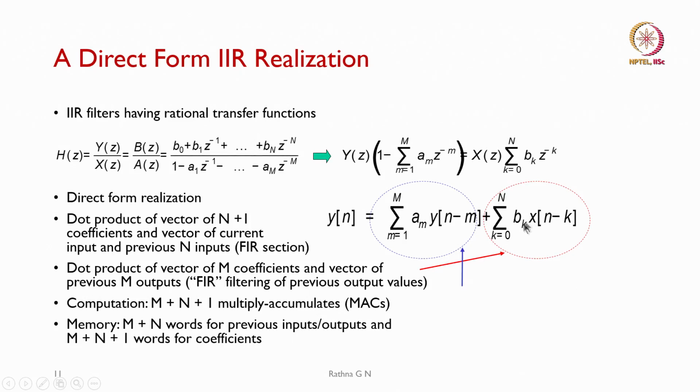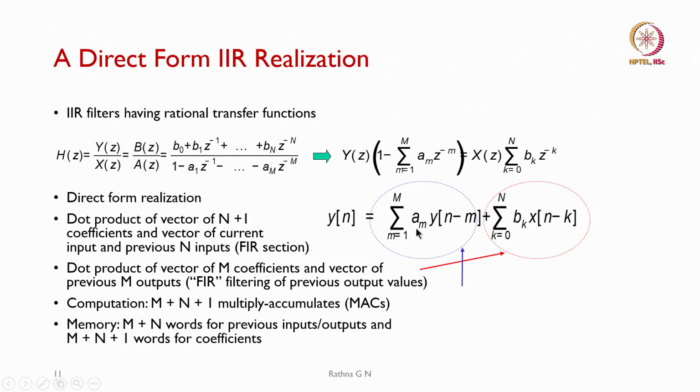The computation needs M plus N plus 1 multiply accumulates, and the memory is M plus N words for previous inputs and outputs, and M plus N plus 1 words for the coefficients.